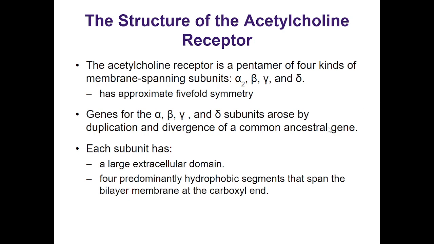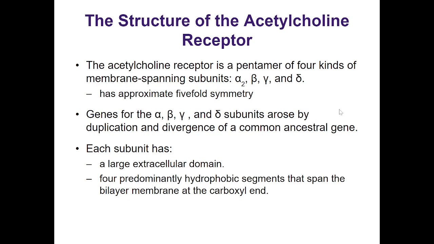Pentamer means? 5. And there's how many different types of them? 4. And so notice we have 1, 2, 3, 4 types. How many alphas? 2. Yeah. And that gives us 5. This is going to have approximate 5-fold symmetry.